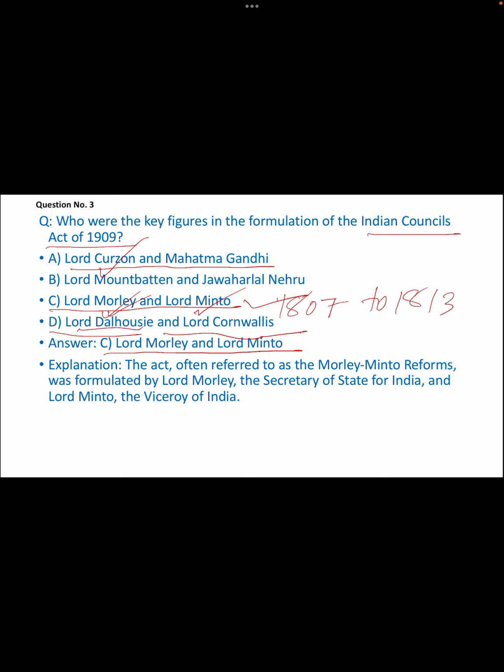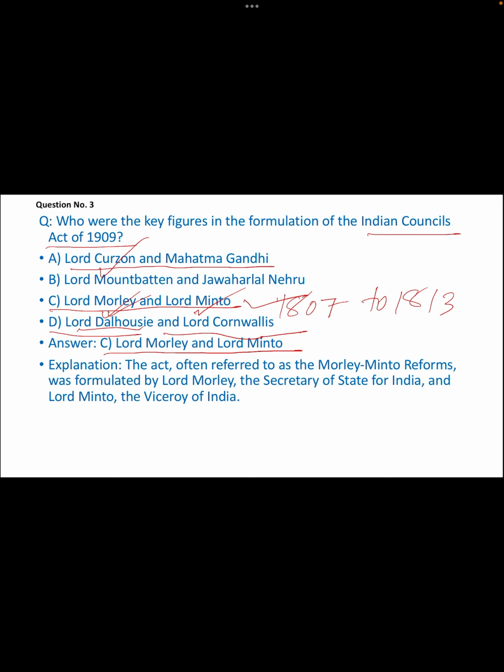Then you had Lord Dalhousie. Lord Dalhousie was a very famous British person who was here, and he introduced some important reforms and also some controversial reforms.